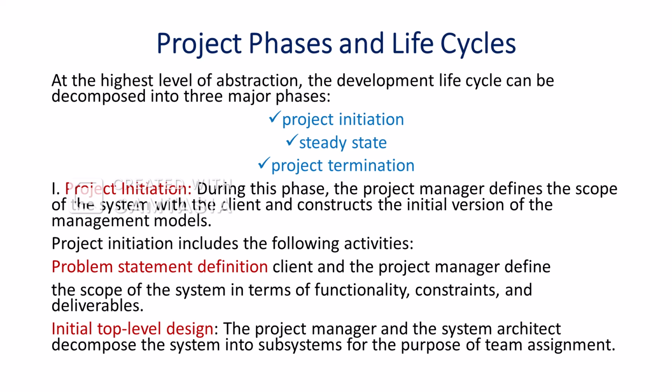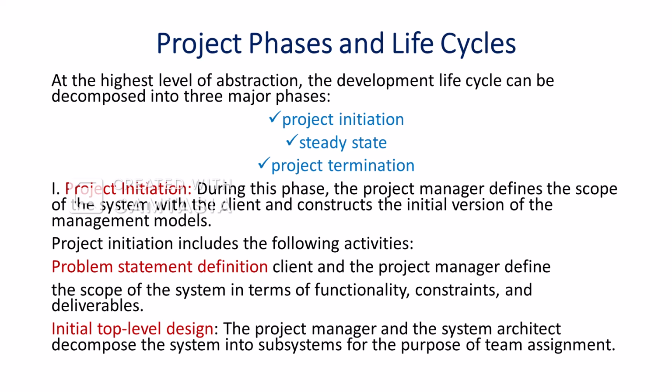Project initiation includes the following activities: problem statement definition. The client and the project manager define the scope of the system in terms of functionality, constraints, and deliverables. Another activity is initial top-level design.